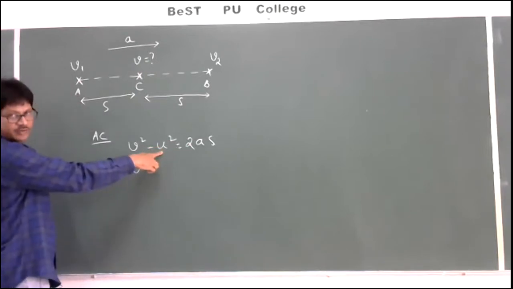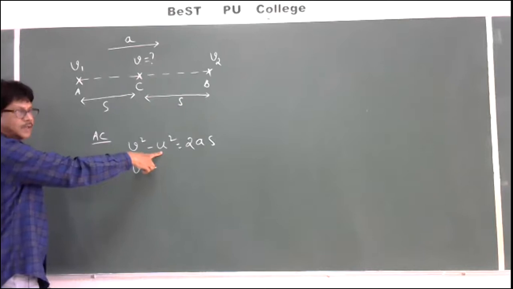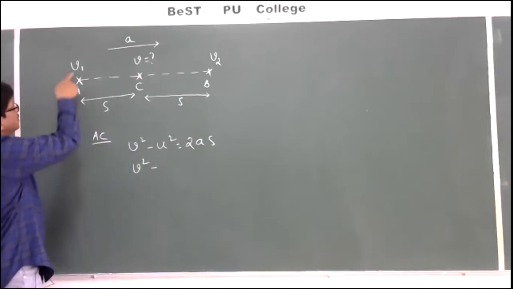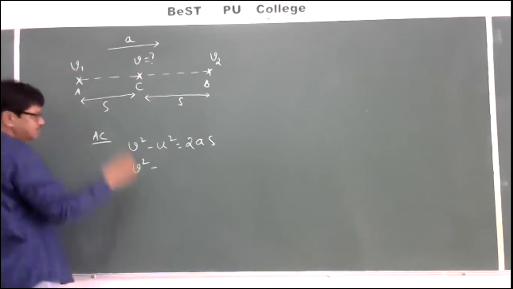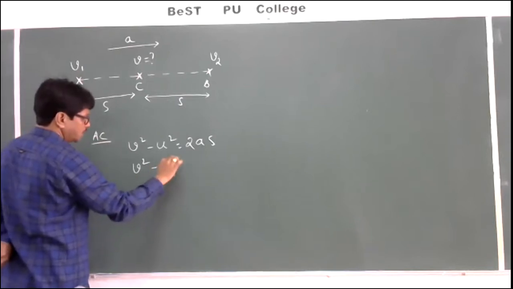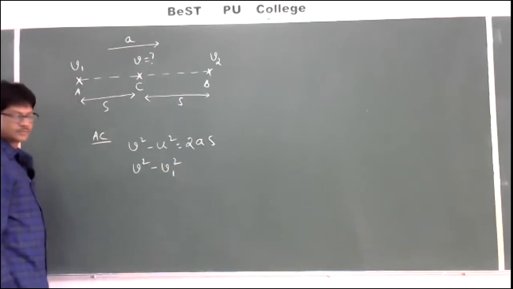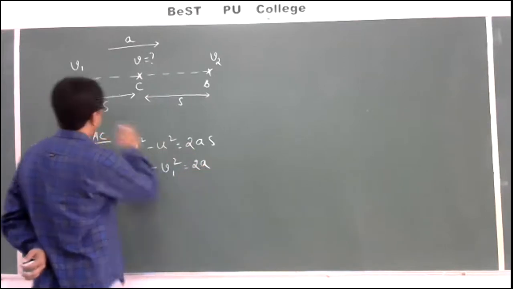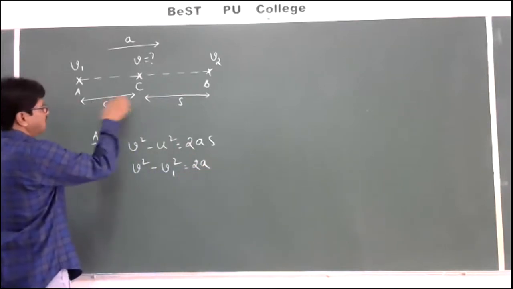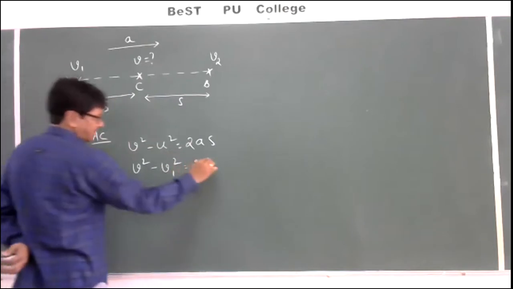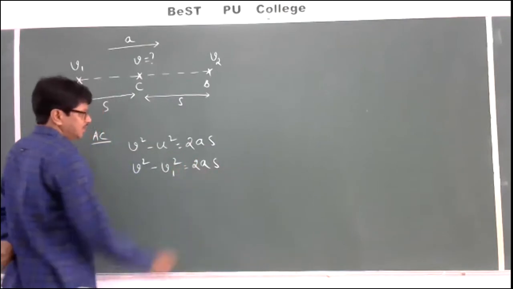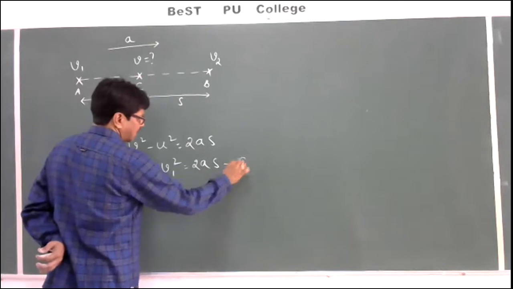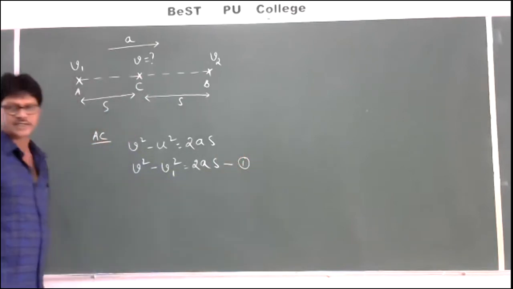U is the initial velocity in this formula, but as far as the problem is concerned, the initial velocity is V1. So instead of U, I will go with V1. The distance between A and C is S only. Call it equation 1.